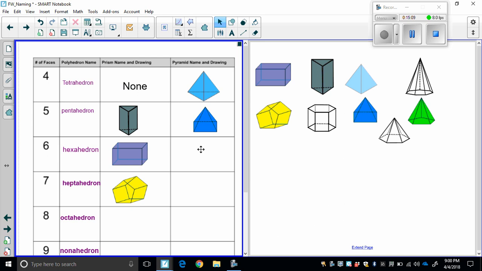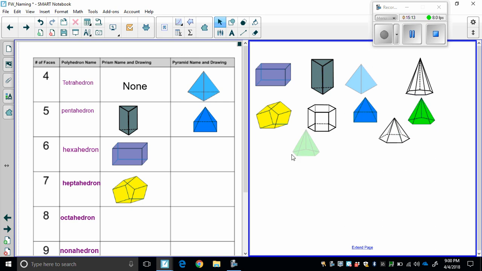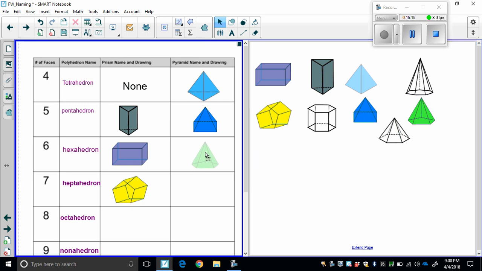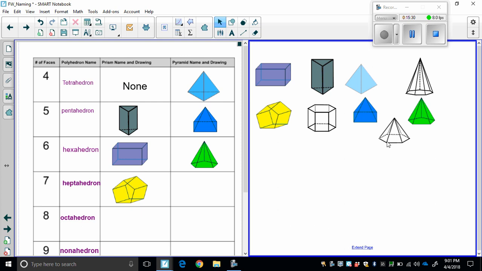So a hexahedron has to have a pentagon on the bottom and 5 triangular faces. Hepta means 7. So it has to have a hexagon on the bottom. So that would be 1 part, and then 6 triangular faces.